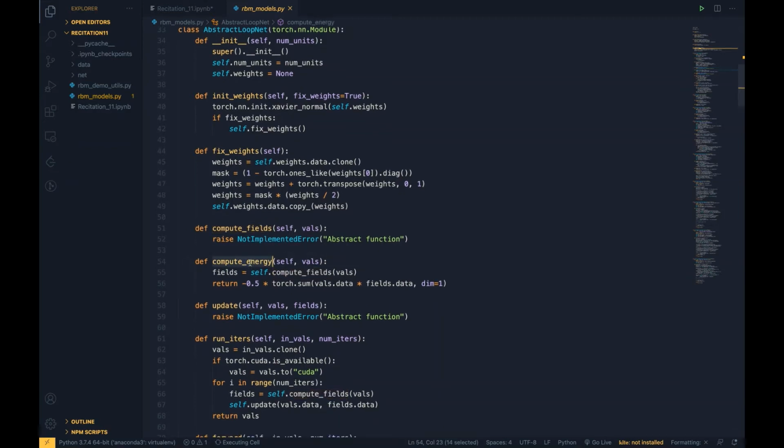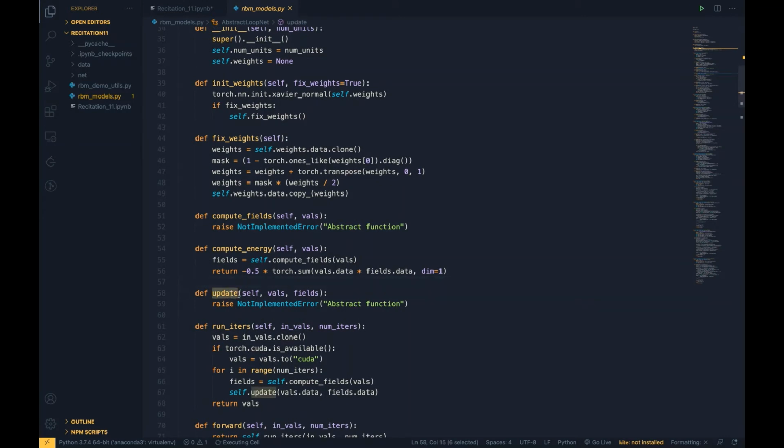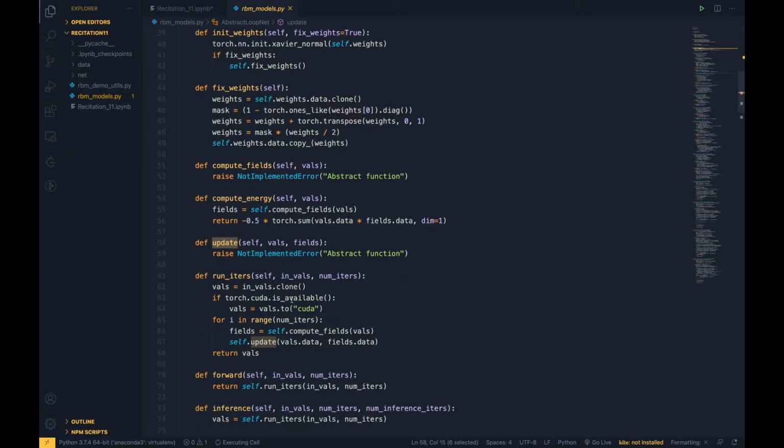And the compute energy is very simple. It just takes the values and computes the fields according to the formula and returns the energy based on the definition. So that's very simple. And our update function is not implemented as well because different networks may have different ways to update.